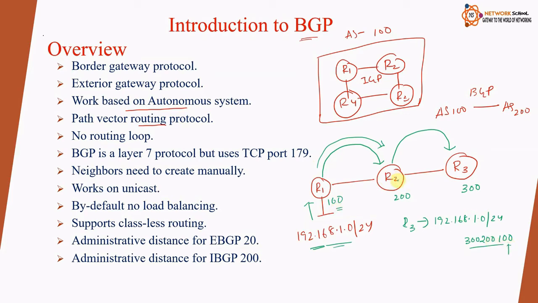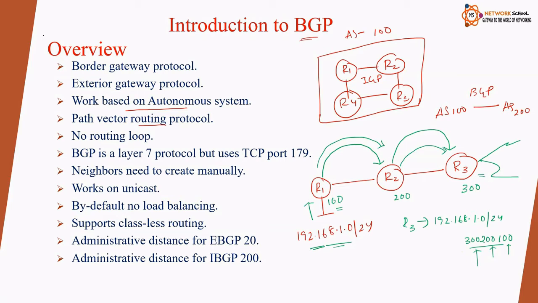From R2, this update was again forwarded to R3, and R2 also injected its own AS number, which is, sorry, 200. Now we are on router 3, and router 3 also has the AS number 300. When router 3 forwards the packet further, it will inject its own autonomous system, which is 300. So it means each and every router in the path injects its own autonomous system number.